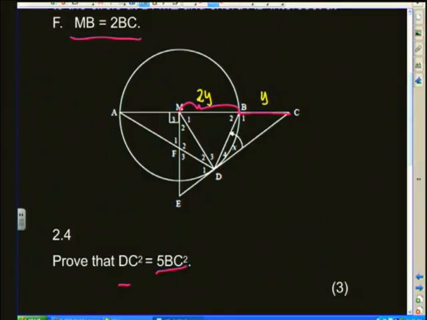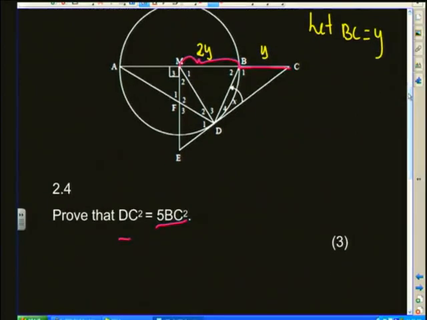Just make sure you state what you're doing, so you're going to say let BC equal to y. I'm not going to use variables. I'm just going to use the letters that are given to us on the diagram, but you do have that option to simplify this question. So they're asking us to prove that DC squared, let's have a look where that line is. There we go.